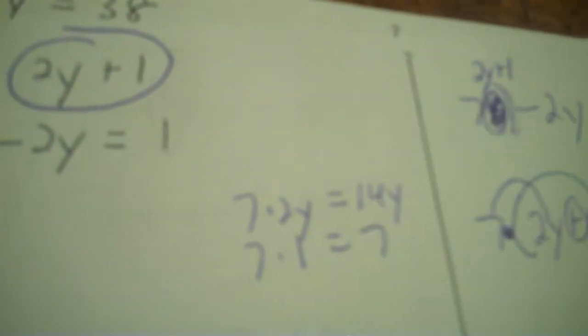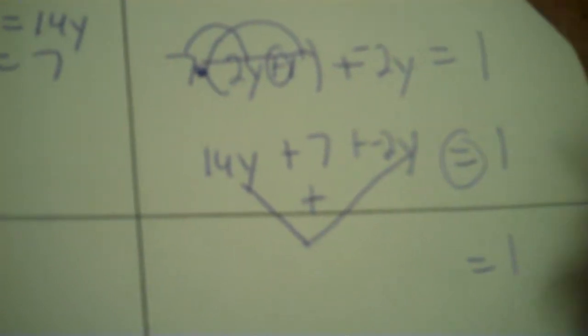Distribute your 7 across the plus, not to here, just in the parentheses. So that is 14y and that is 7. So drop your plus, you have 14y and 7. Then you add the negative 2y before you put 1.